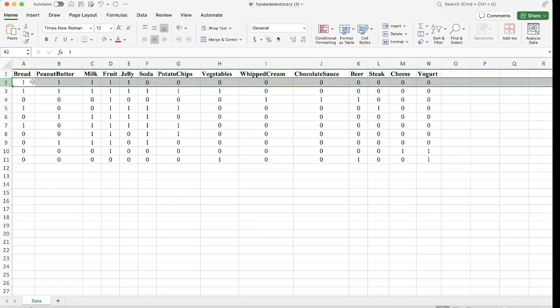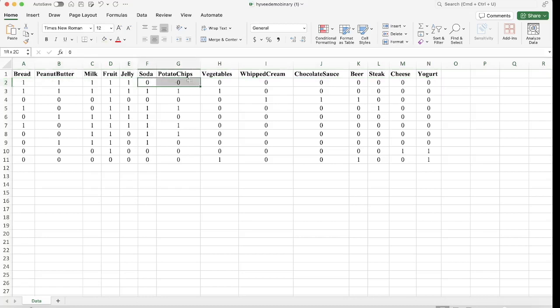So if I look at this first row of numbers, this row 2 of my Excel file, there's a 1 if that customer in that order ordered the item, and a 0 if they didn't. So here I could see they ordered bread, peanut butter, milk, fruit, jelly. They didn't order soda, potato chips, vegetables, whipped cream, chocolate sauce. They didn't order any of these other things. So that's another way to organize this same information.